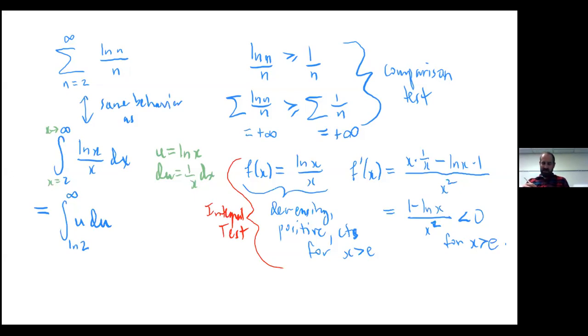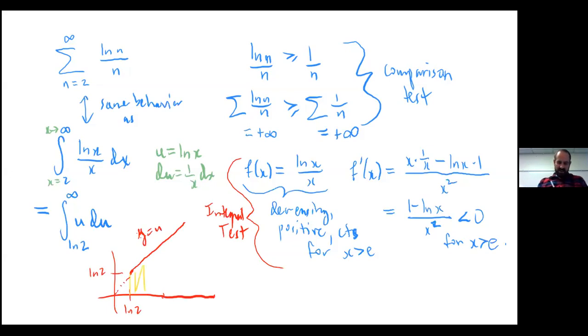Here's logarithm of 2 right here, and I'm just integrating the line y equal to u from logarithm of 2 to infinity. Clearly, that has a lot of area underneath it, right? Okay. So what does this thing integrate to?